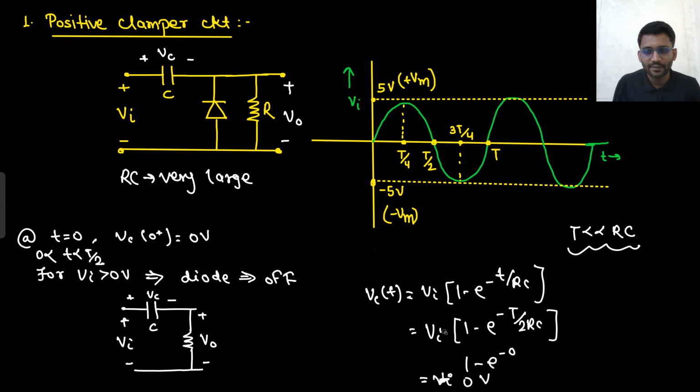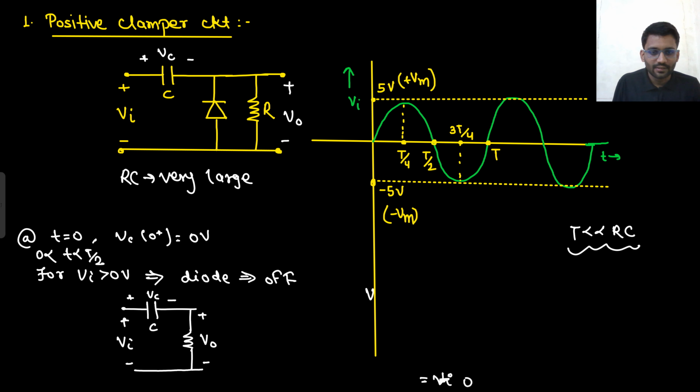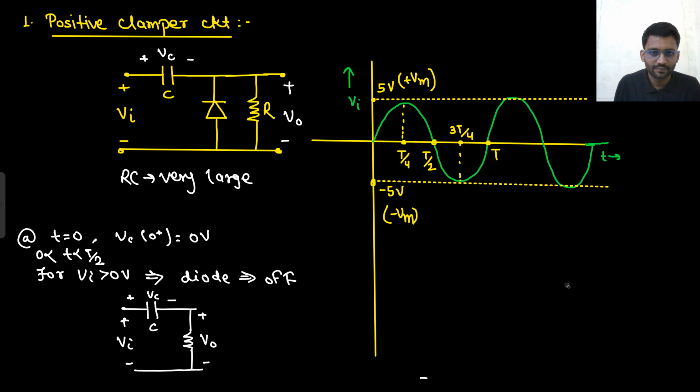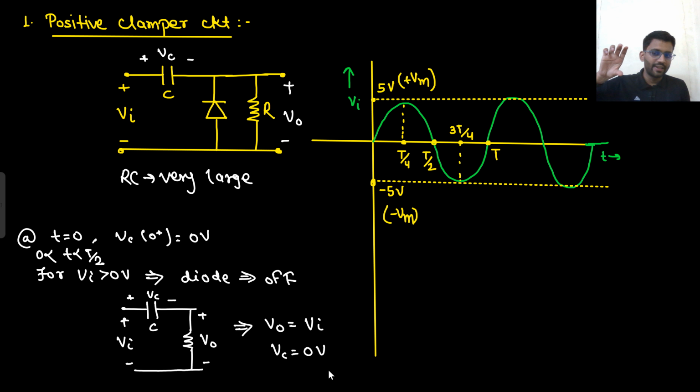Okay. So it's neither charging nor discharging. That means my V naught will be equal to V in only and Vc will be equal to 0 volt. Did you get this point? The complete V in is coming across the output only because the capacitor is not even charged.